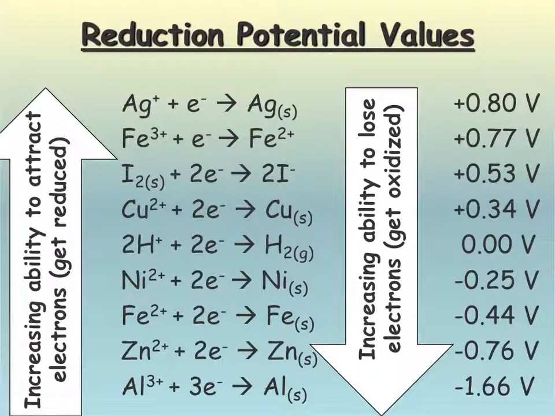Okay, so again, the farther up you get, so the more positive your number gets, the more likely that it's going to attract electrons or be reduced, gain electrons. And then the opposite is true. The more negative your number gets, the more likely it is to lose electrons or be oxidized.